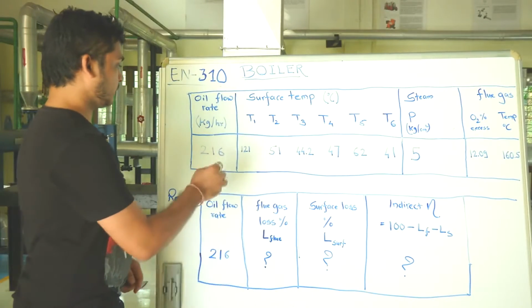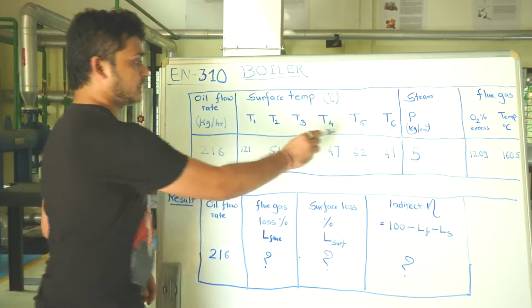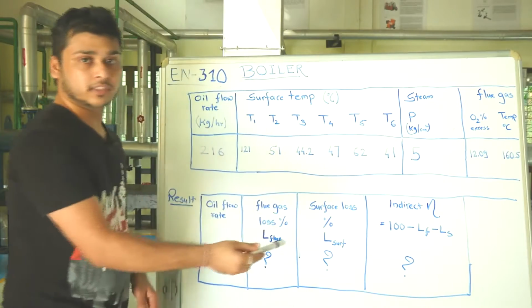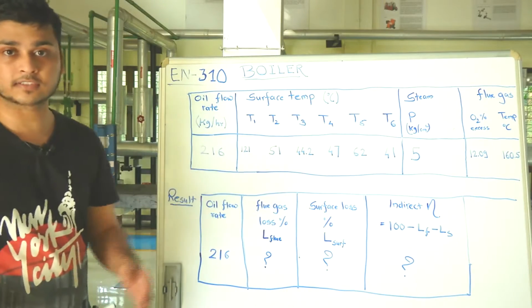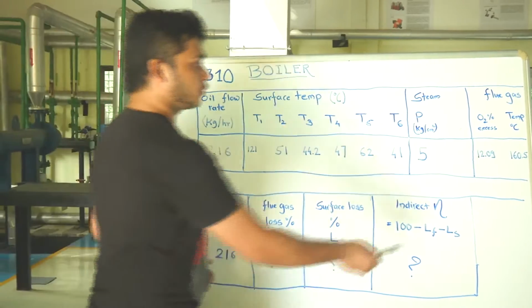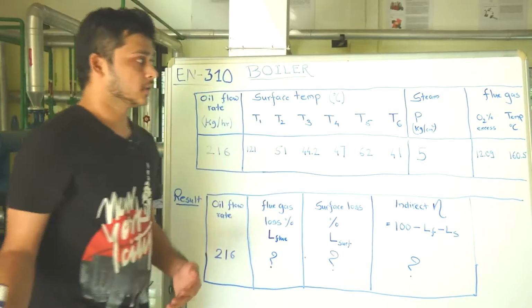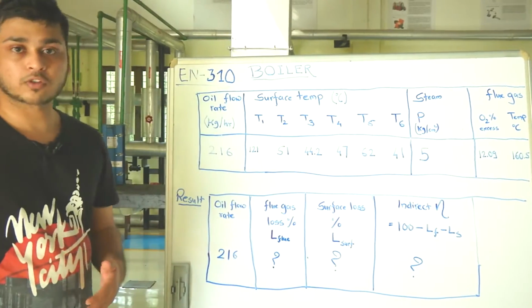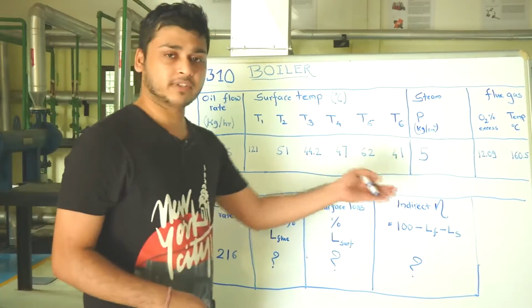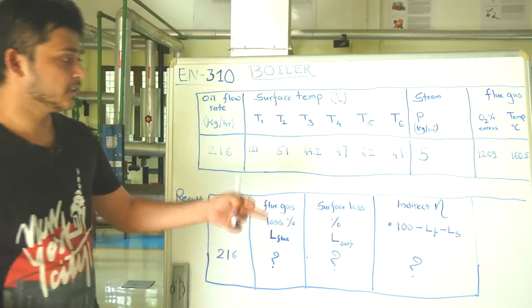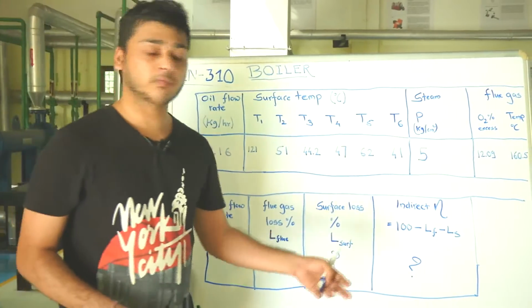With these readings, T1, T2, T3, T4, T5, T6, we can calculate TS, the average temperature of T1 to T6. And this excess O2 will give us the X number of moles of oxygen in the exhaust gases, and accordingly we can find out the indirect efficiency of a boiler.